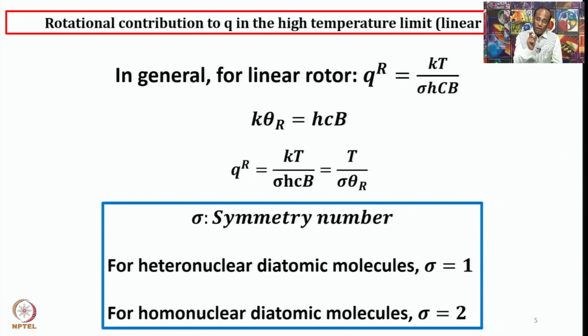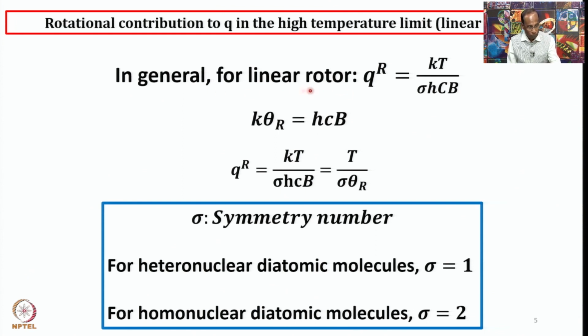Once you deal with a diatomic or triatomic or polyatomic molecule, now you will have a translational contribution, rotational contribution, vibrational contribution, and electronic contribution. We discussed that for the rotational contribution, you can deal with a linear rotor, you can deal with a non-linear rotor.